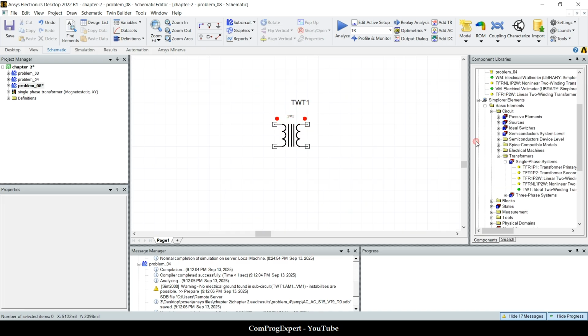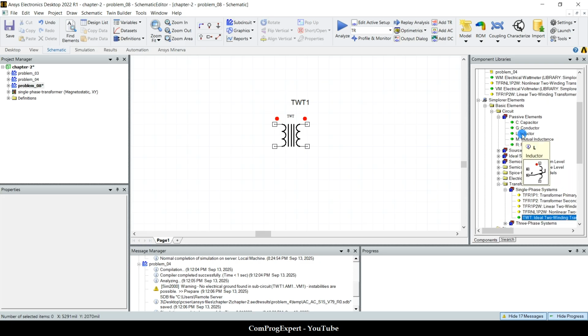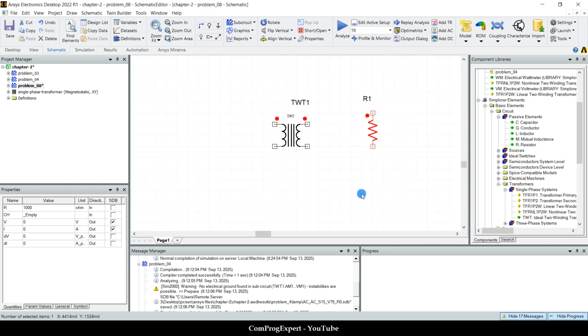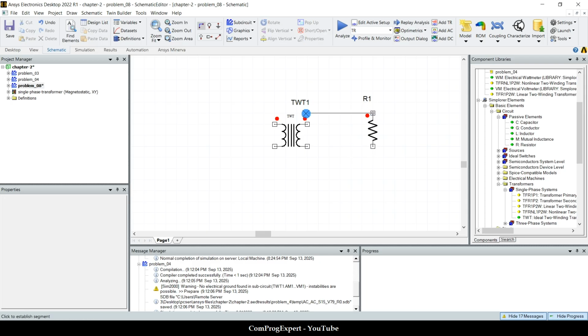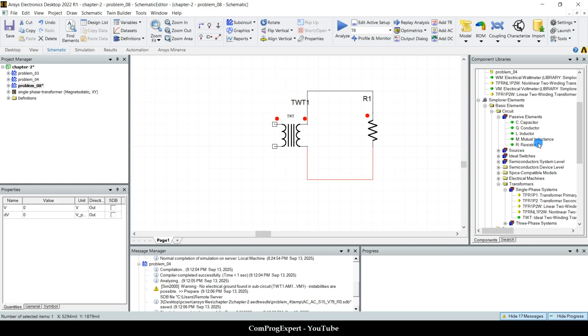Okay, also we have this resistive load R. Let's do this connection and this connection. This inductor we have.